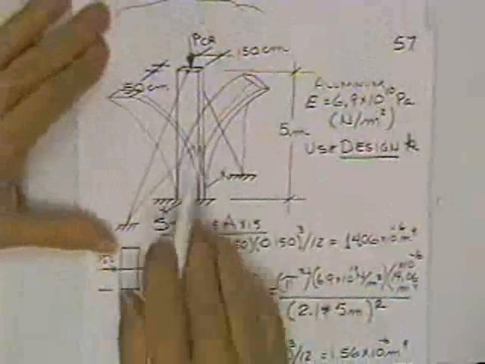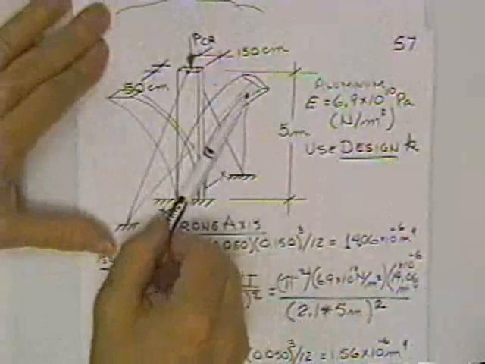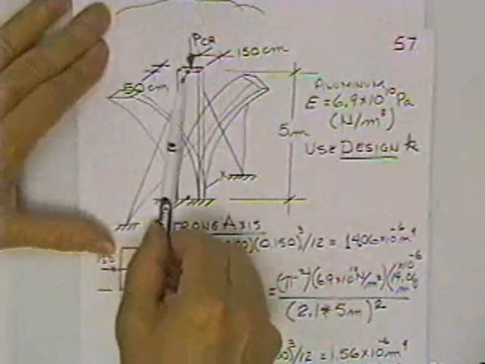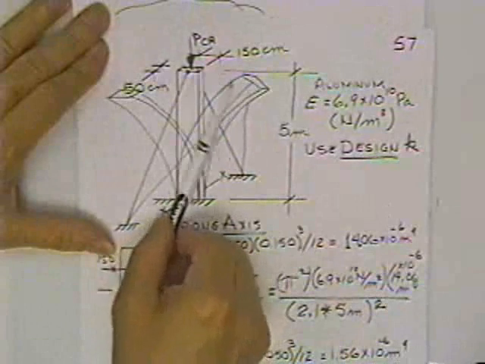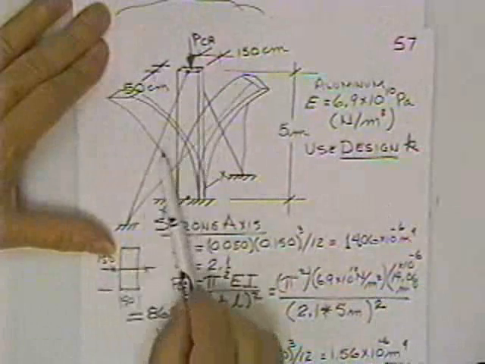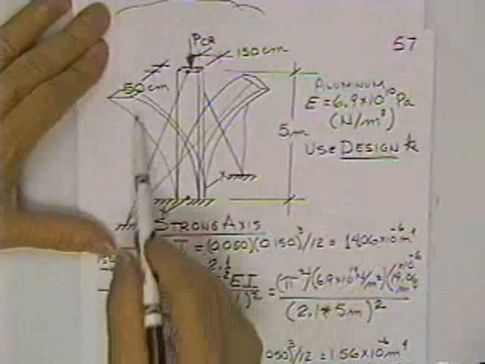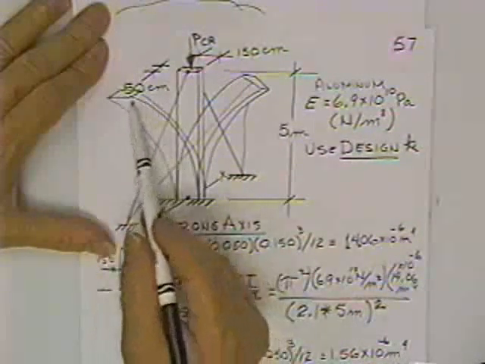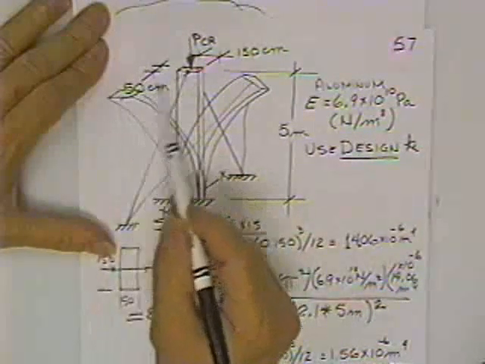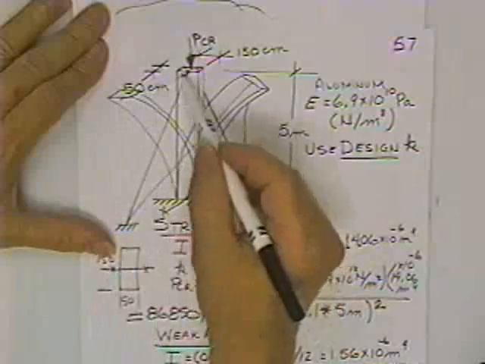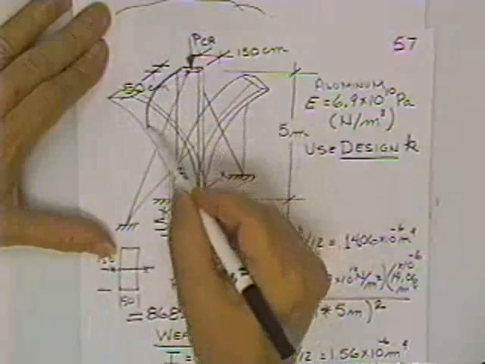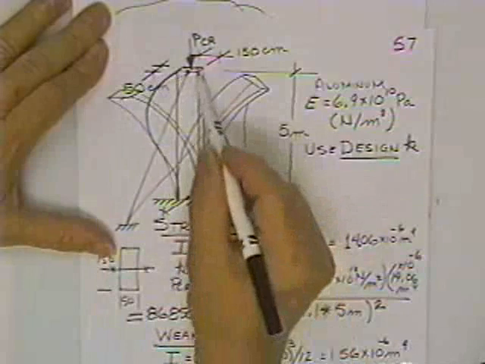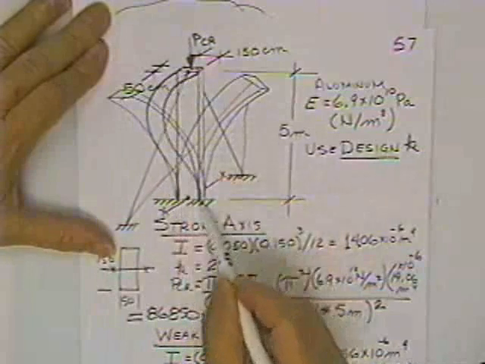They both look very much the same, but this one bent in the plane of the paper and could not come in and out of the paper because of the wires. Now I'm assuming, oops, it can't do this either, can it? See, this piece can't come out like that because the wire will stop it. What it has to do is it has to come out like this. It has to come out like that.